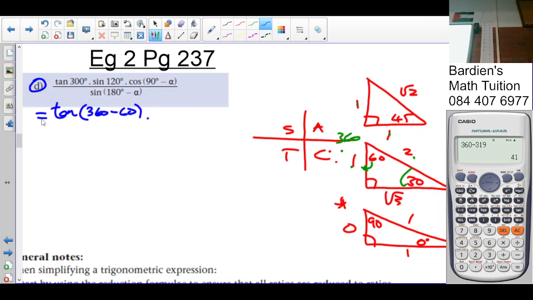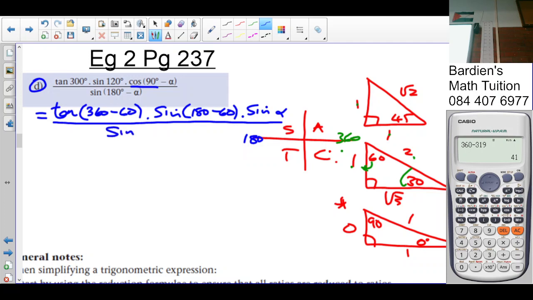Sine 120, second quadrant, sine 180 minus 60, times. Now 90 minus takes you to quadrant 1. Is cos positive or negative? Positive. What changes to sine alpha? That's your co-ratio. Over 180 minus, which quadrant is that? Second quadrant. Is sine positive or negative? Positive. Sine alpha. So what happens is that cancels.